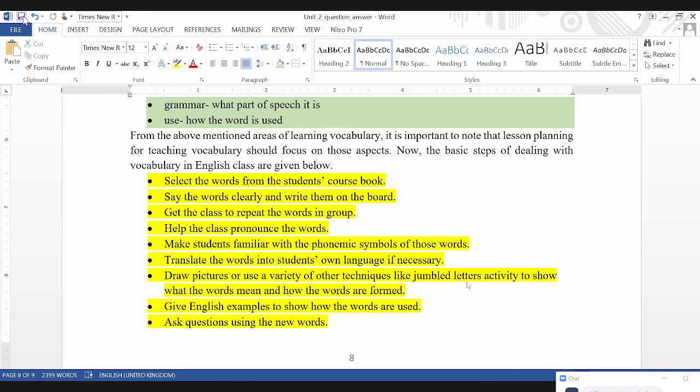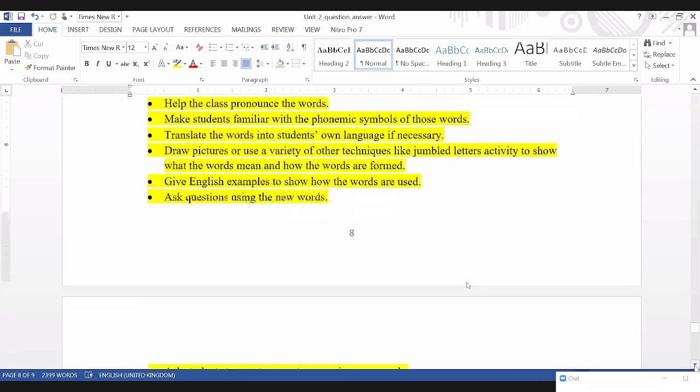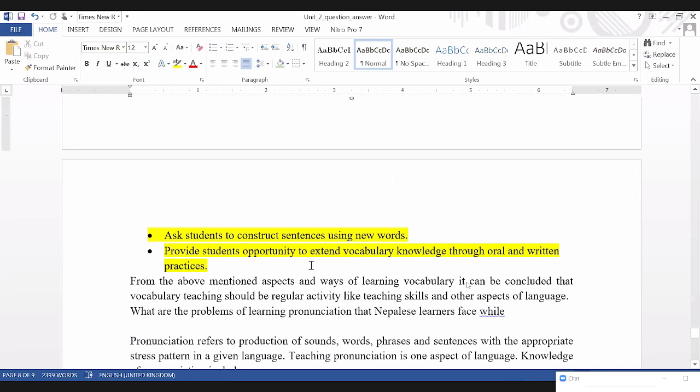Give students examples to show how the words are used. We can give a lot of examples, and from examples, students realize or learn. We also ask questions using new words, and students construct sentences using new words.